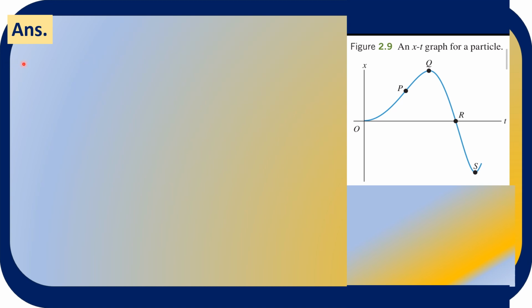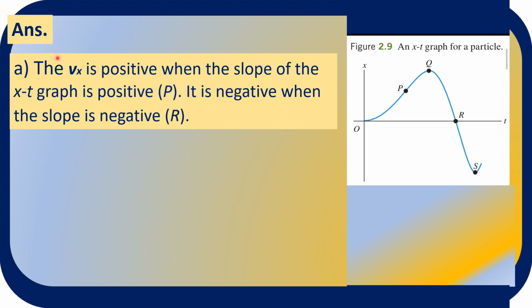So for any displacement-time graph, the x velocity is positive when the slope of the graph is positive, such as at point P in this graph. It is negative when the slope is negative, like at point R in the graph.